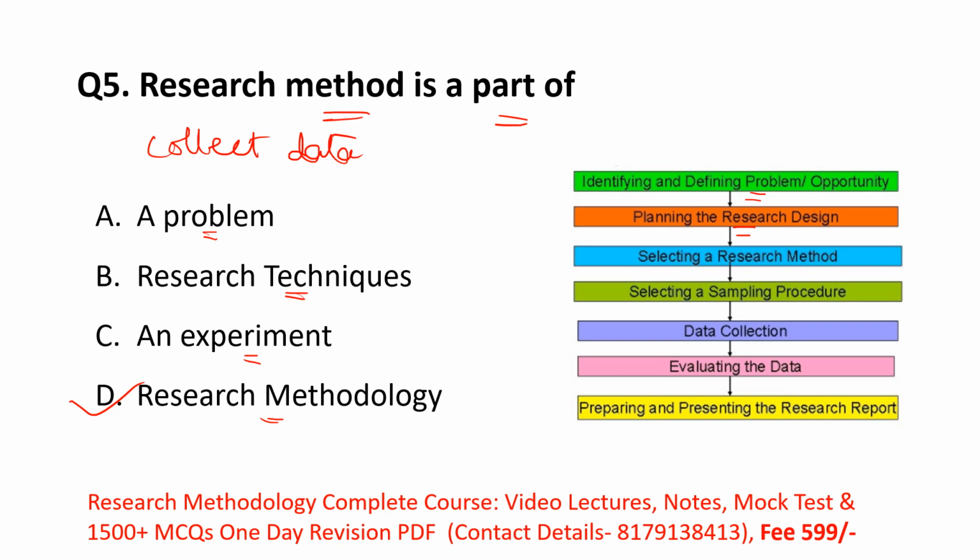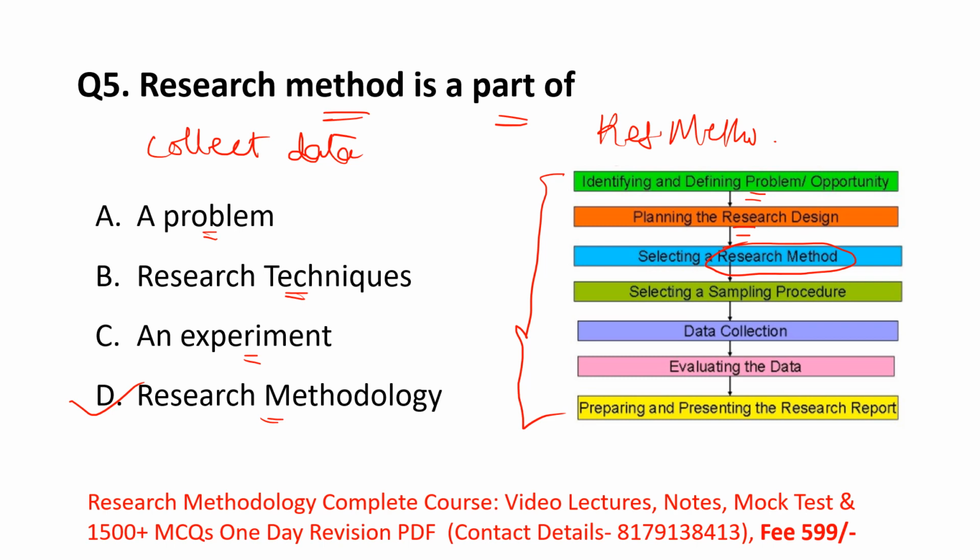Then you select your research method, whether experimental, qualitative or quantitative, by which you are going to perform your research. So research method is a part of research methodology. All these steps are part of research methodology only. Remember, research problem, research techniques and experiments are parts of research methodology, and research method is also a part of research methodology.